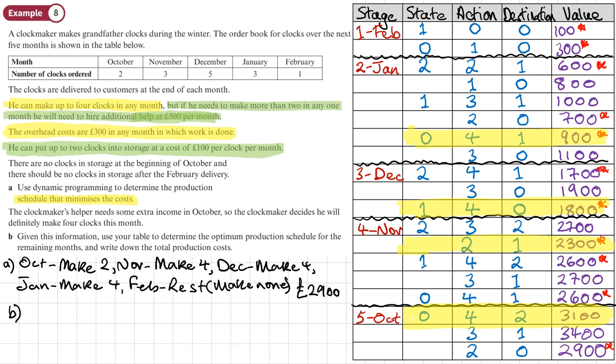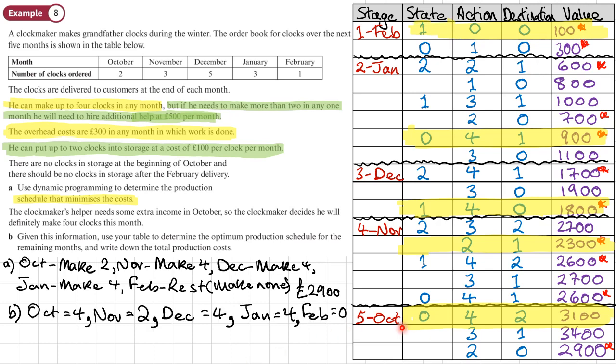So what that's going to mean is 4 in October, so we look at the action columns, how many we're making. 2 in November, 4 in December, 4 in January, and again none in February. And that new cost will be the slightly increased cost here of £3,100.